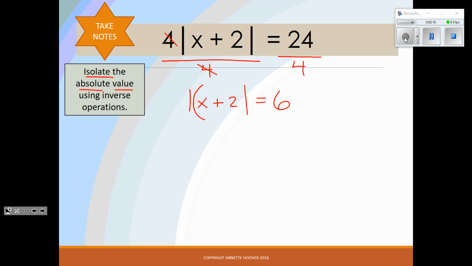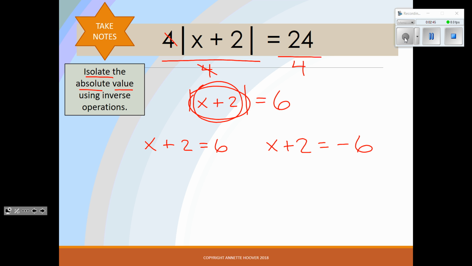Inside of here, this could equal 6, or it could equal negative 6. So we're going to set up both equations. What you do now is drop the absolute value sign, and write the equation like it says. What is on this side is equal to 6. But since it's the absolute value, what is on that side can also be equal to negative 6.